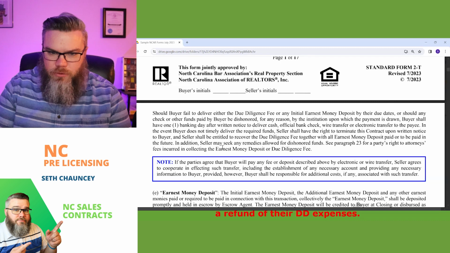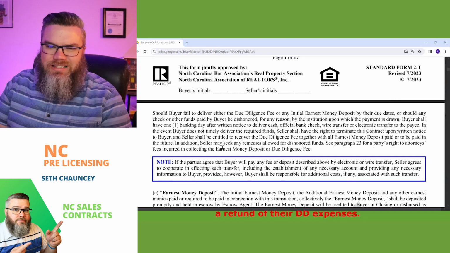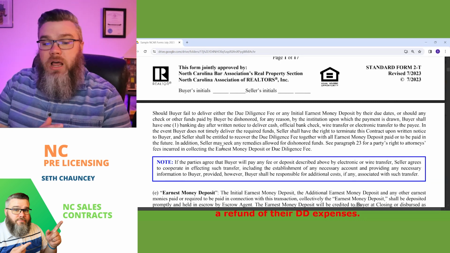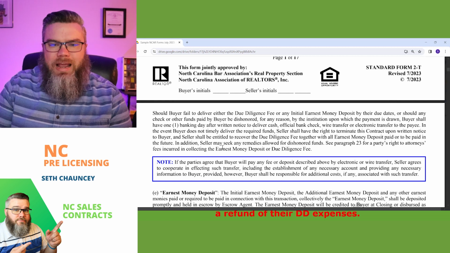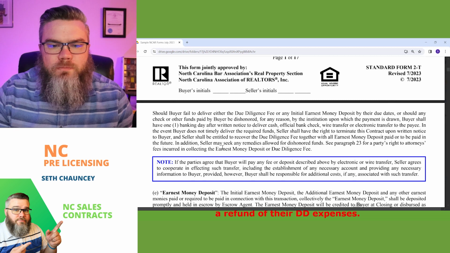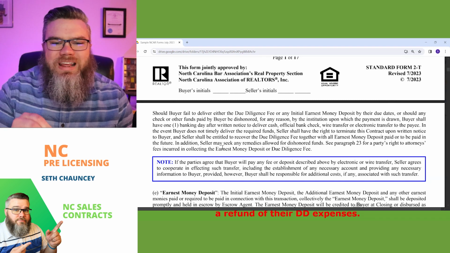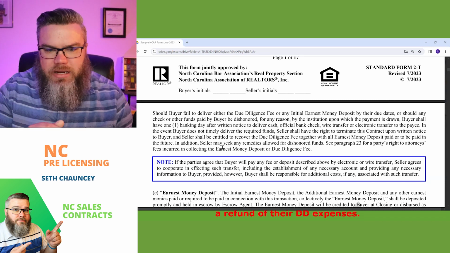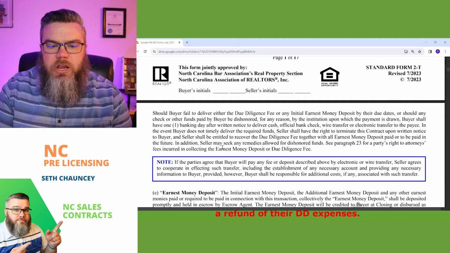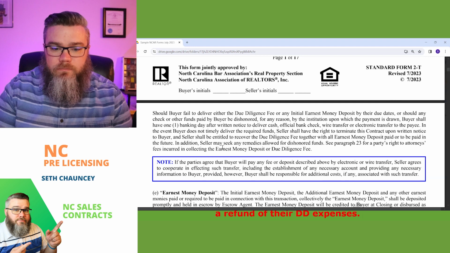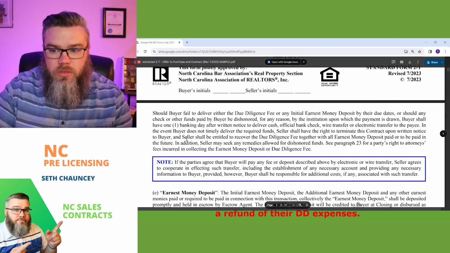A banking day is Monday through Friday to remedy that situation. And if you did not, they could terminate due to your breach as a buyer, and they would be entitled to both the due diligence money and the earnest money. Even though you have not expired your due diligence period because you never delivered it, you would lose both.